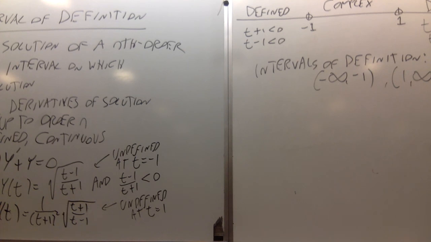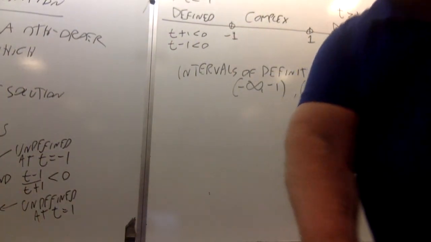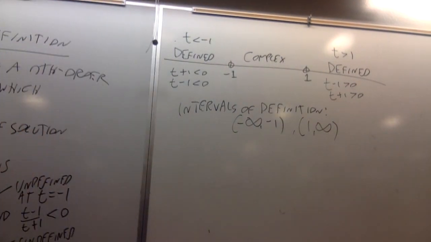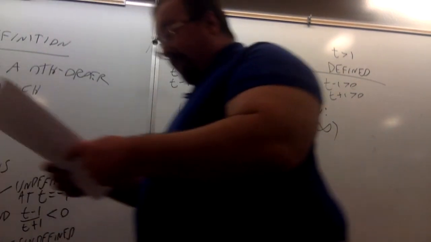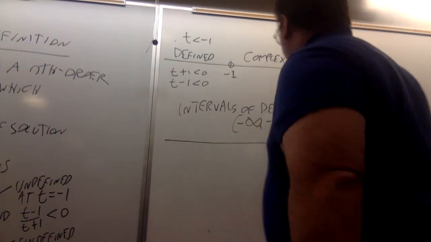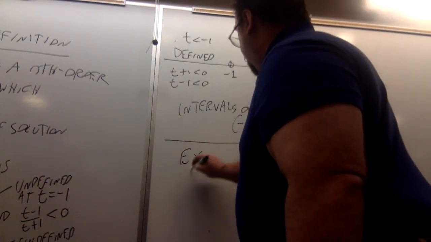So these are things to watch for: division by 0, square root of a negative number. Other possibilities, for example, taking a natural log of a number that's not positive, undefined. So things like that are what you watch for when determining the interval of definition. And I have 3 minutes left, which is just enough time for my other example.